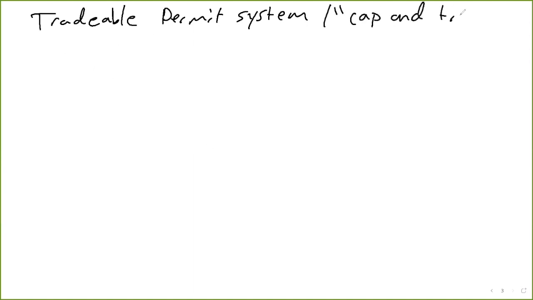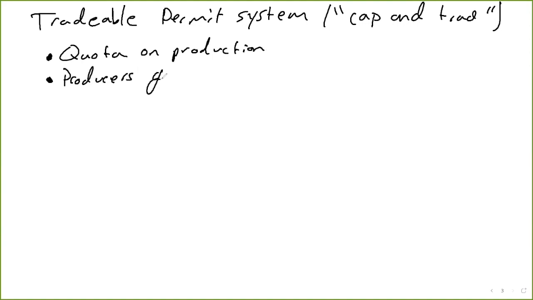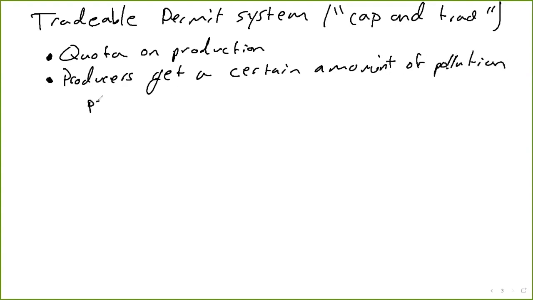So one solution to that, when it's difficult to determine the size of the externality, is what we call a tradable permit system. You might have heard the phrase cap and trade. And the idea is that you're going to place a quota on the market. So in this case, each producer gets a certain amount of pollution permits.